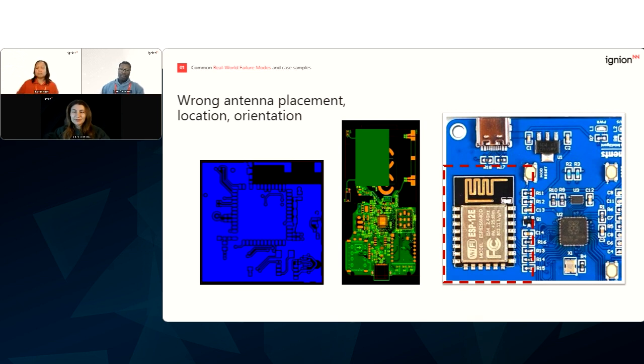But the reality is that without comms, your product is virtually useless. So here we have these pictures illustrating some of the pitfalls of poor design, or thinking about the antenna at the last minute. The rule of thumb for us is always to put the antenna first, and then design everything else around the antenna.